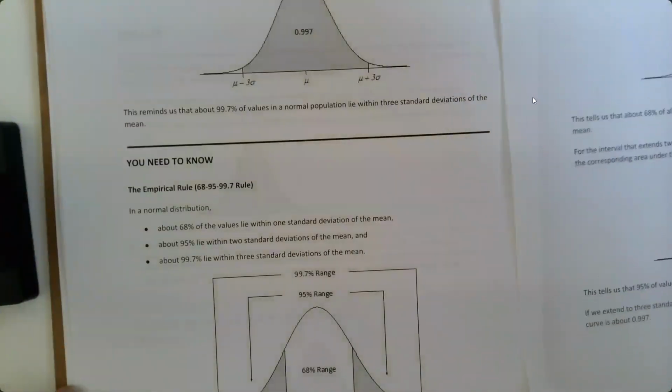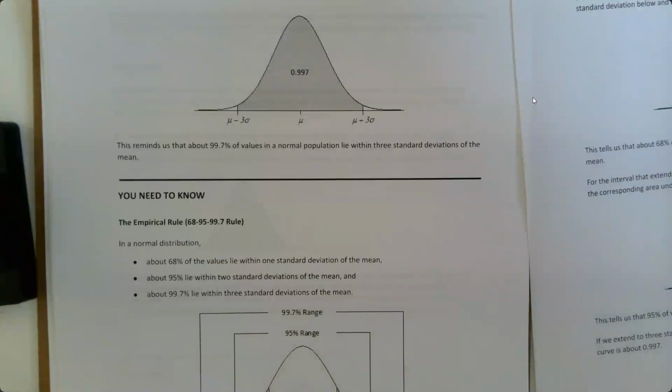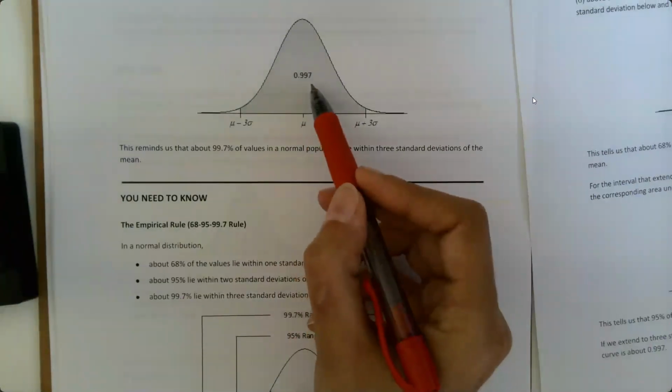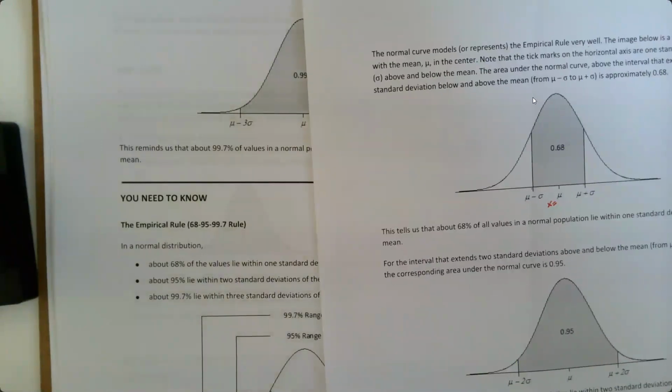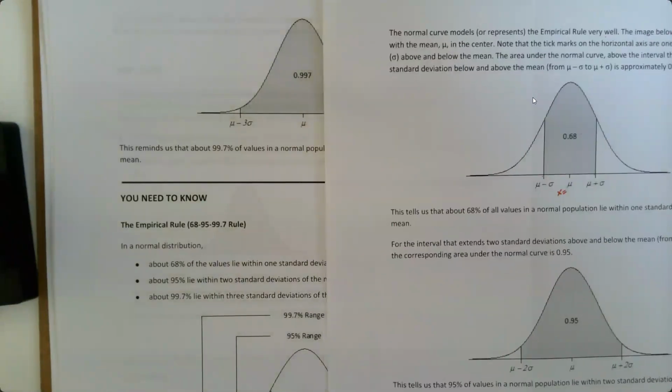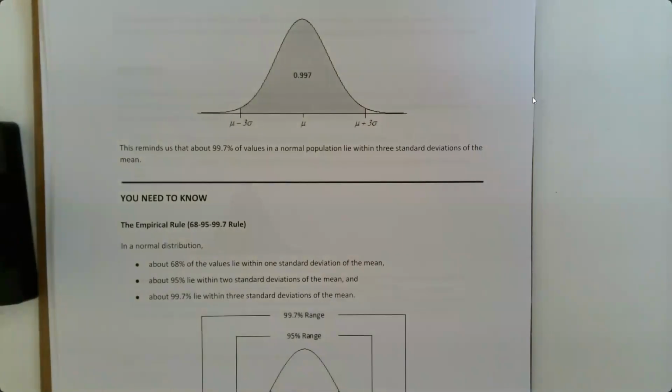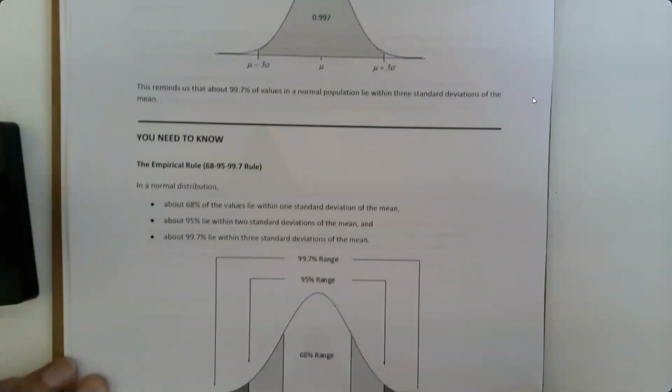This is our last one, 99.7%. So in general, we can summarize these 3 graphs: 68%, 95%, and 99.7%.